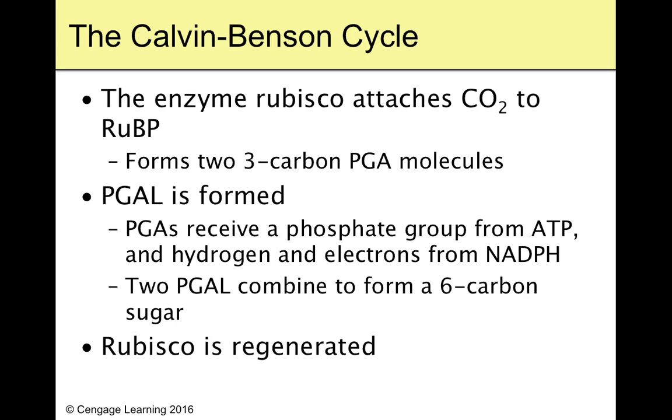And then at the end of this, the cool thing is this enzyme we started with, Rubisco, is regenerated. So the guy that we started with, this fellow right here, we get at the end, and he can go right back in and run this cycle again, and right back in and run this cycle again. Now that's the nice news.